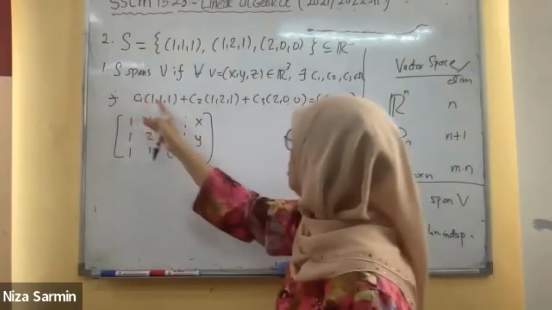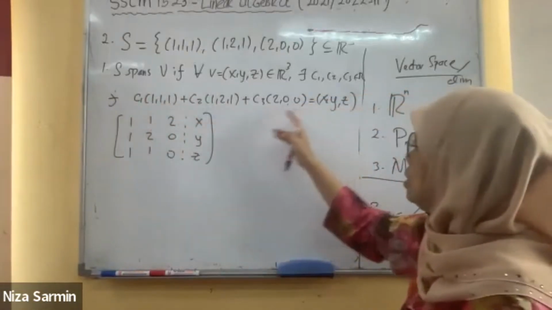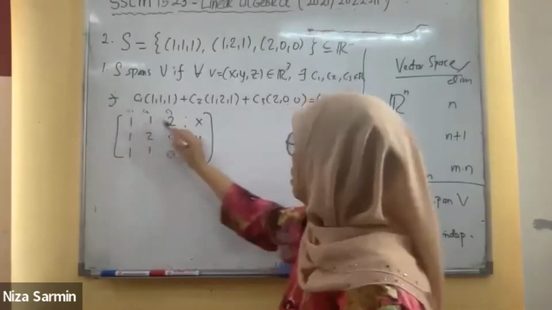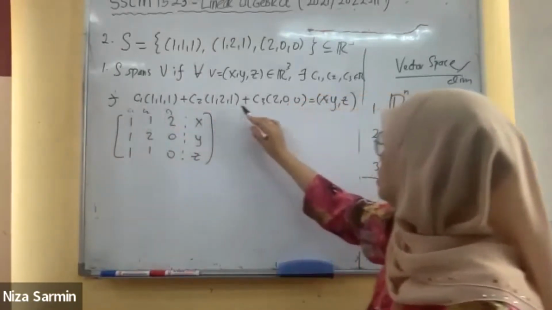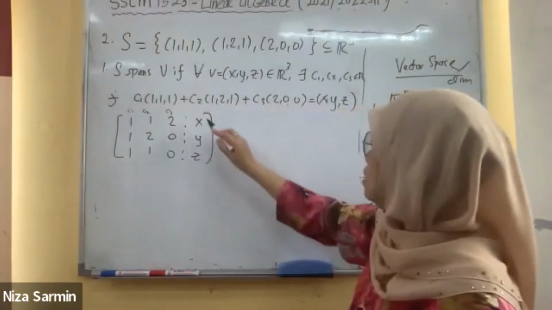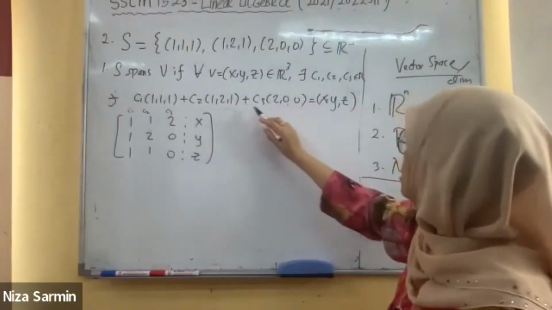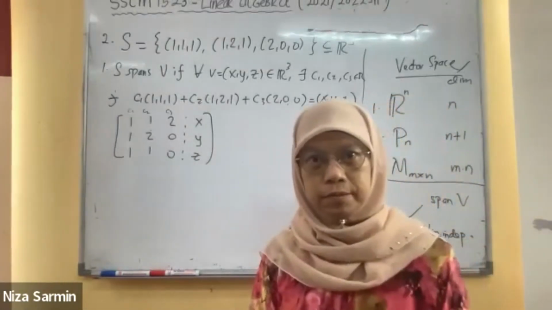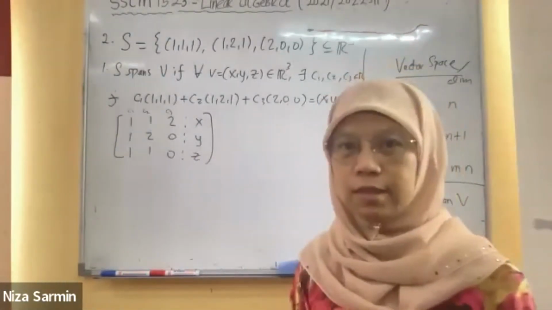Right? C1 plus C2 plus 2C3 equals X. I actually get this one. C1 plus C2 equals Y. I get this one. C1 plus C2 equals Z. I get this one. Okay. Then you want to solve this.